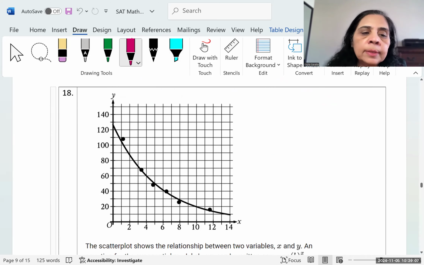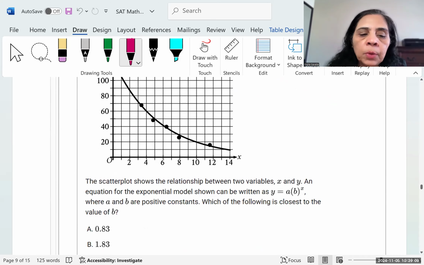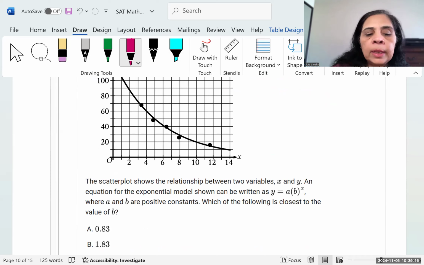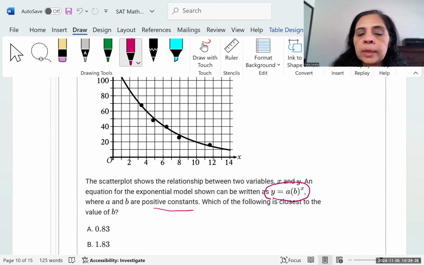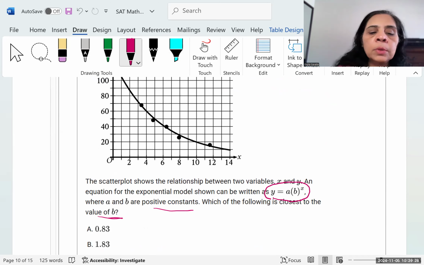All right, let's see number 18. We are given this graph, a scatter plot showing the relationship between two variables, x and y. An equation for the exponential model shown can be written in this form, where a and b are positive constants. Which of the following is closest to the value of b?